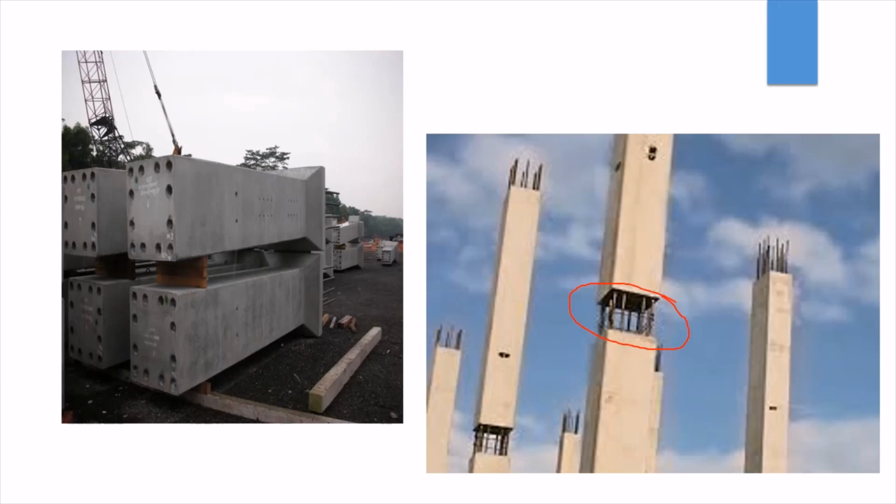You can see we have some holes, which are used for connecting another column. Then you can see here it has been connected by using welding. In this place they go for side concrete. Like this only, the maximum number of floors has been increased. There is a restriction on floors also, depending upon the sizes.